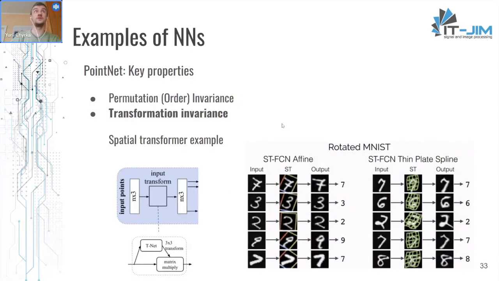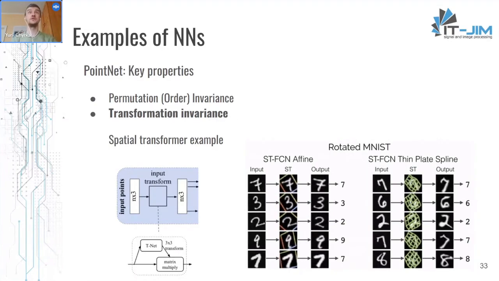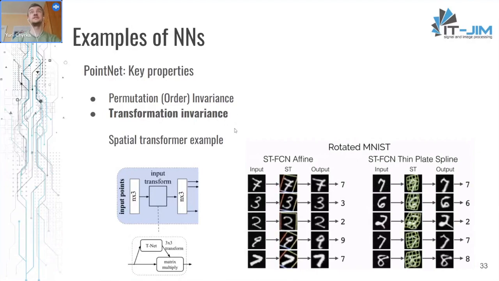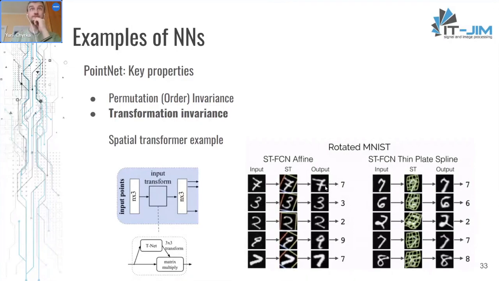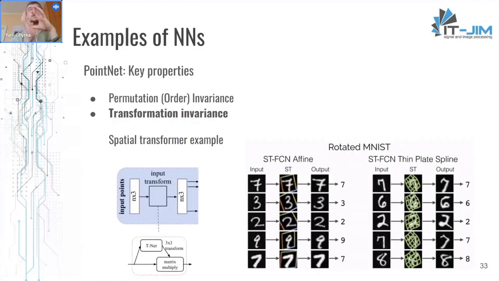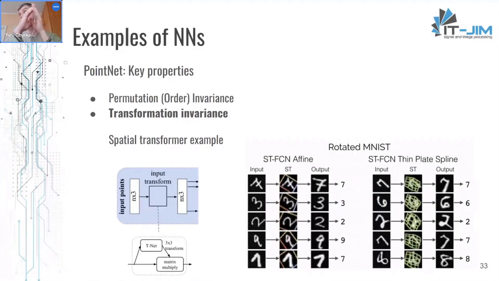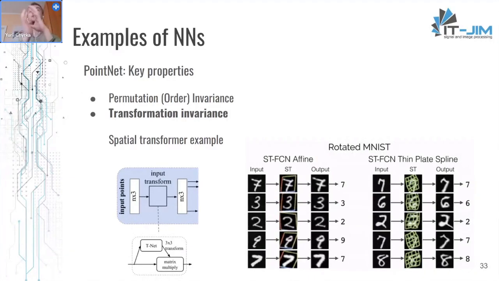Transformation invariance is the second key property. It is a slightly more complex task, and the basic idea is to make our input somehow standardized, so it shouldn't be sensitive to the direction and shape of our input.